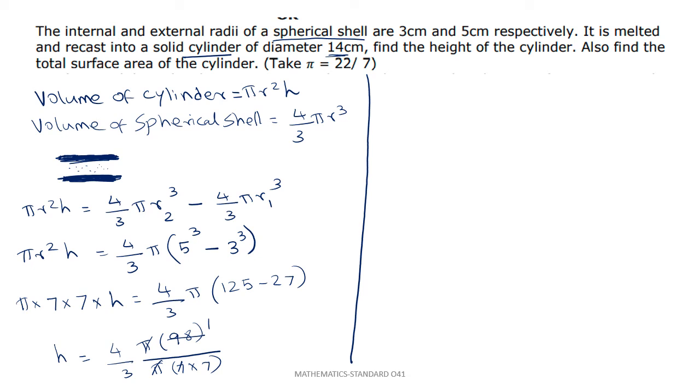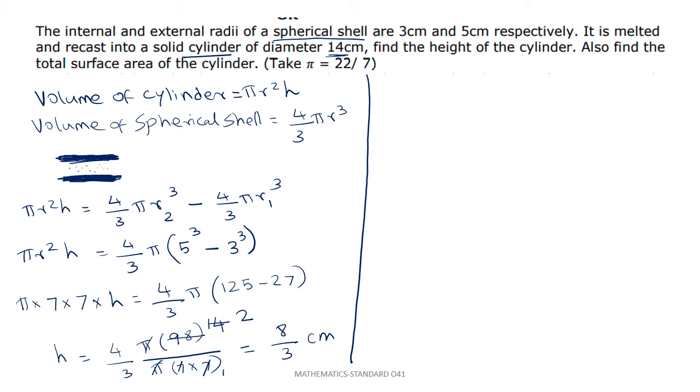How many 7s are 98? 14 7s are 98. So finally we have 8 by 3 centimeter. So now we know the height is 8 over 3 centimeter.